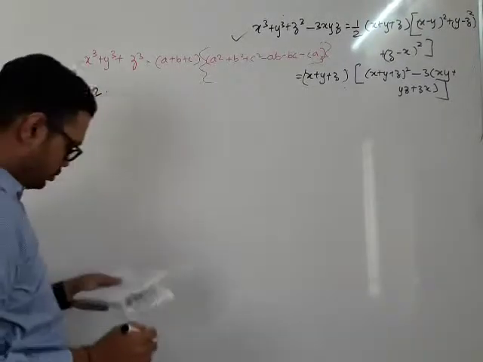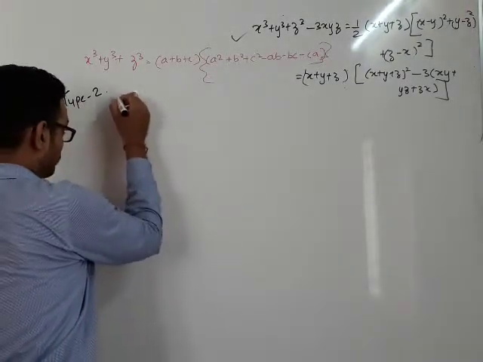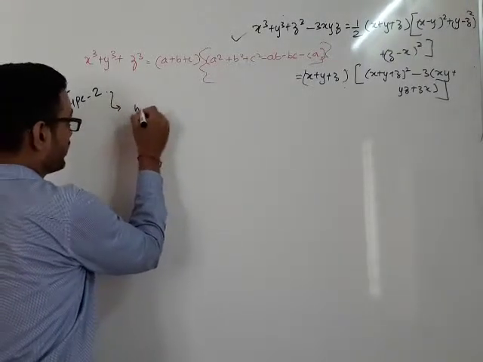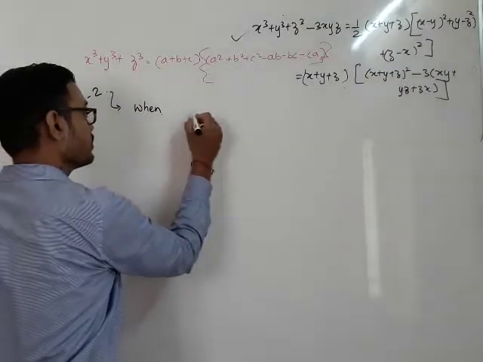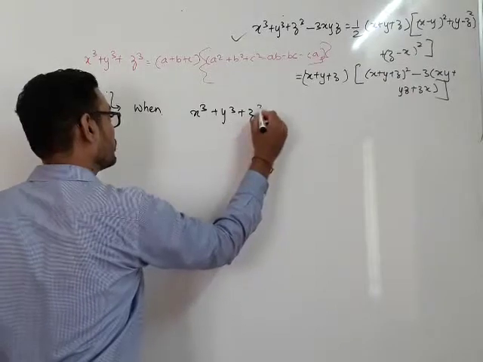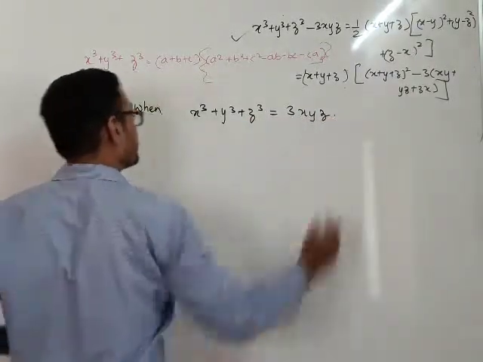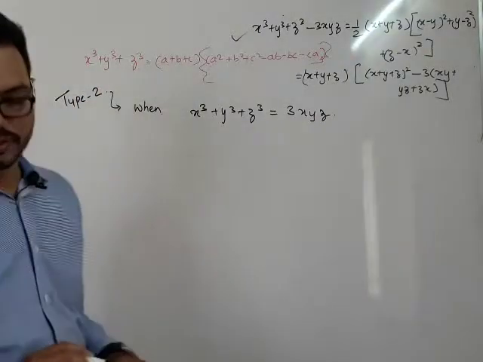Type 2. This type is when x cube plus y cube plus z cube is given as 3xyz. This is going to be given.